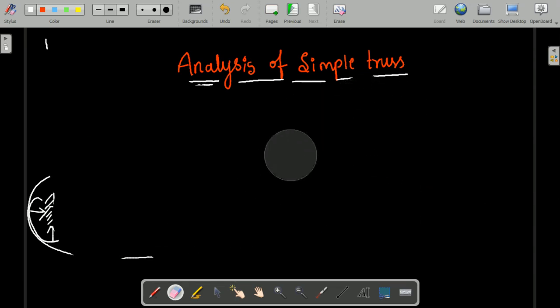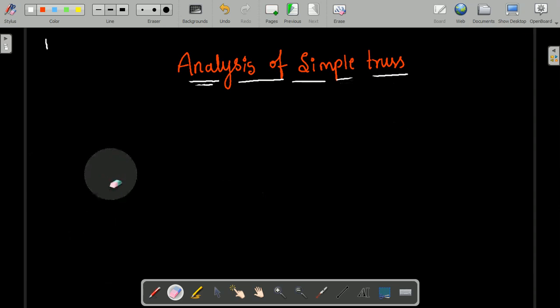Here also we have different types of trusses based on stability, that is, whether it is stable enough to carry the load or not. So we are going to classify the trusses into three categories.